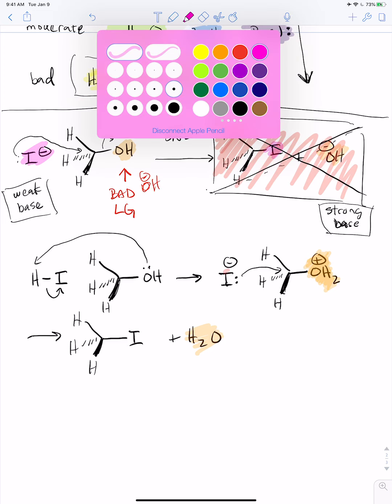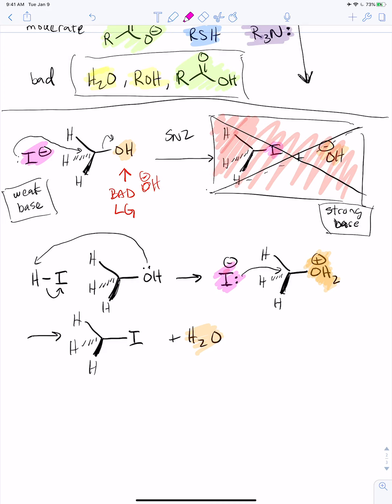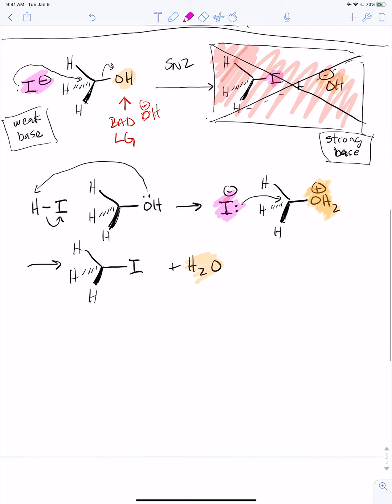Oops, I'm using hot pink for that one. It doesn't matter now. We're not going from weak base to strong base. We're going from weak base to also weak base. So thermodynamically, it's not a big deal to do that.